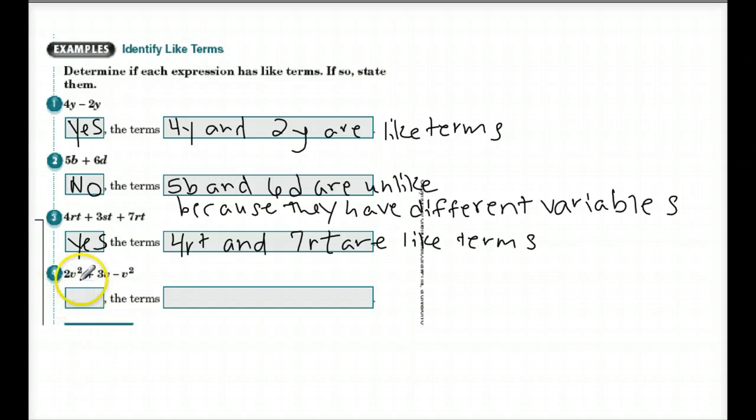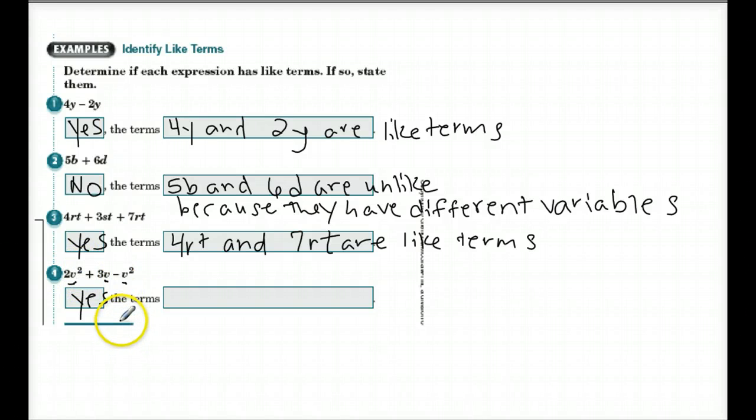This one here, does this have like terms? Yes, it does. What are the like terms? Even though all of these have v's, here we have 2v squared, we have 3v, and we have minus v squared. 2v squared and 3v are not like terms. Why? Because 3v does not have that little exponent of a 2 right there. They have to be exactly the same. The variable and the exponent have to be exactly the same.